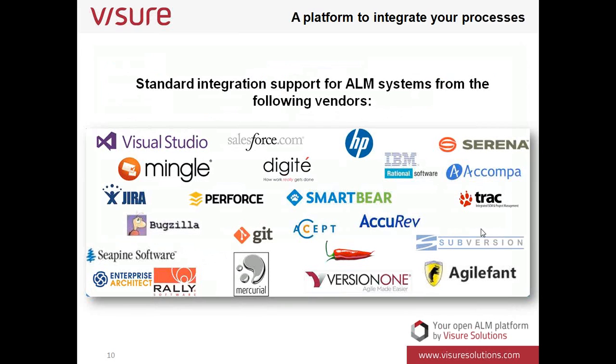But once again, if you have another tool in place, maybe even a specific one you have developed on your own, the platform can also be extended to support additional tools. And of course, this list will probably also be extended over time. By the way, Visure is missing on this slide, but of course Visure is also supported.